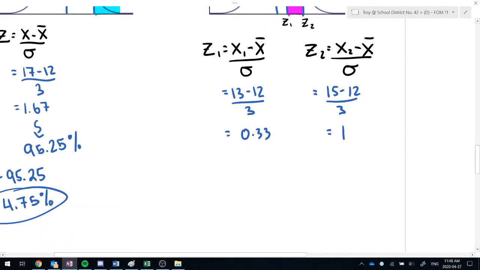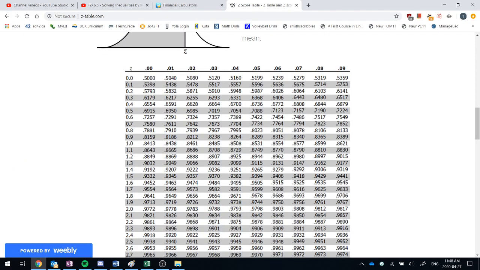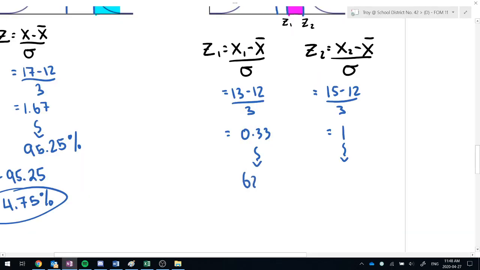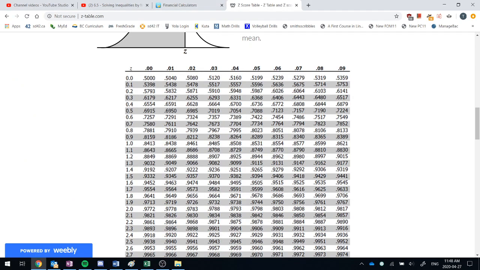Okay, so from the table, we need to go take a look. A z-score of 0.33 is right there, so that's 62.93%. And a value of 1 is 84.13%.